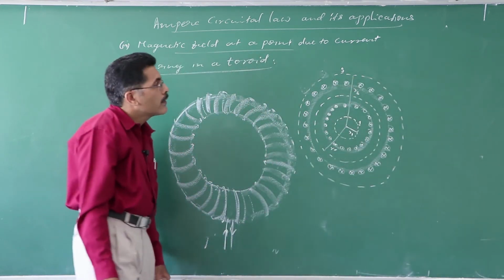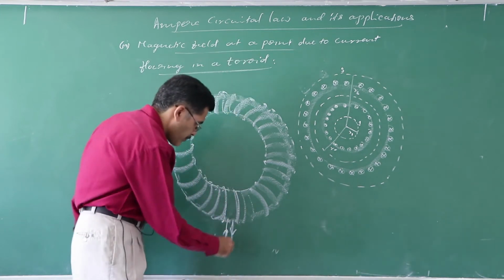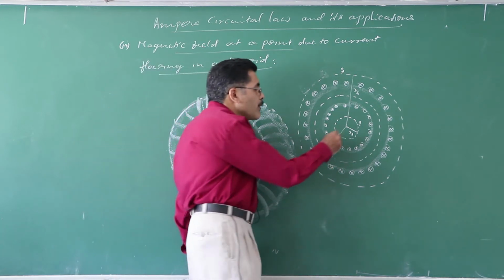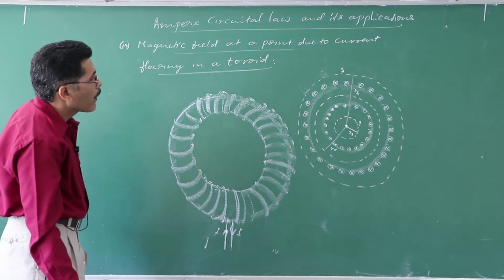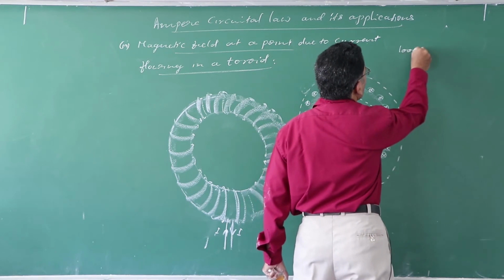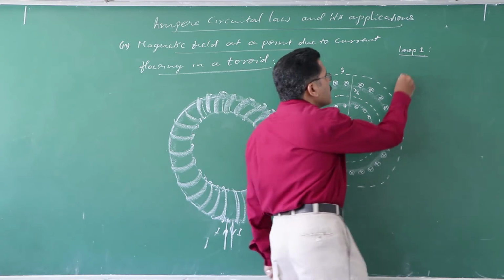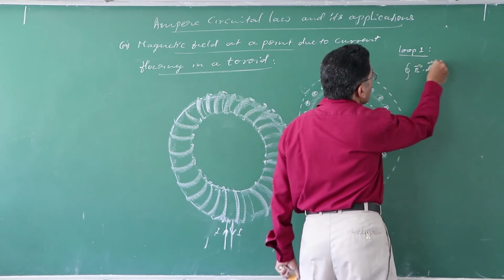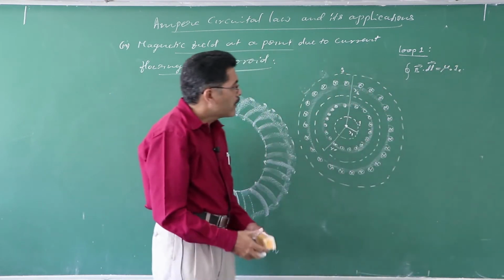Now let us take the magnetic field due to loop 1. For loop 1, B dot dl is equal to mu naught into I_E.